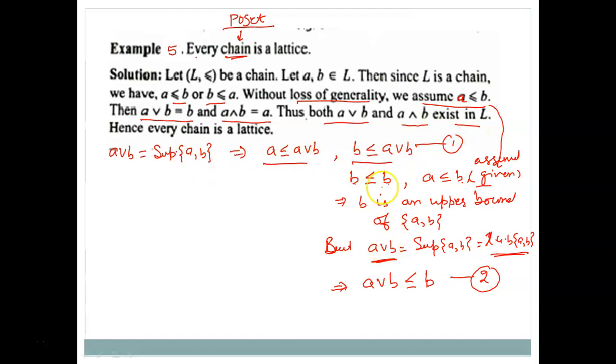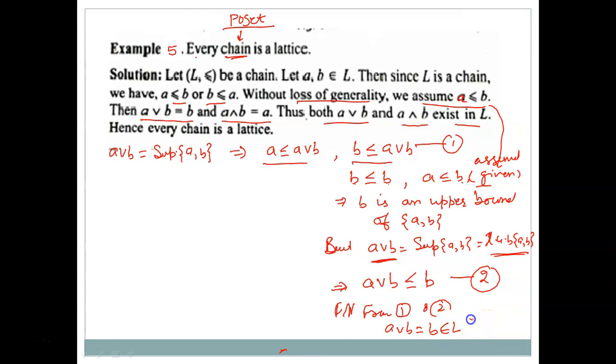So now, comparing 1 and 2, from 1 and 2 I can say A join B equals B, and B is an element of L, already considered.